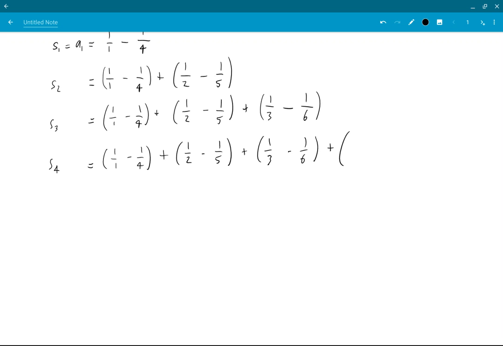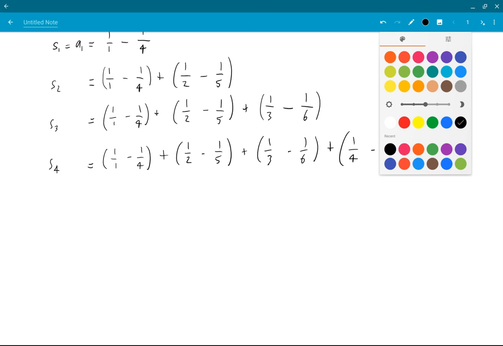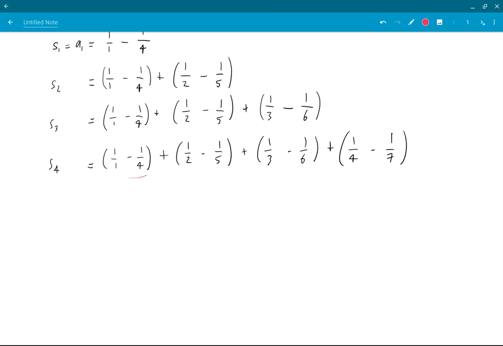So the next one you get is 1 over 4 minus 1 over 7. And here we're starting to say, aha, look, minus a quarter, plus a quarter. It appears as though cancellations are happening.